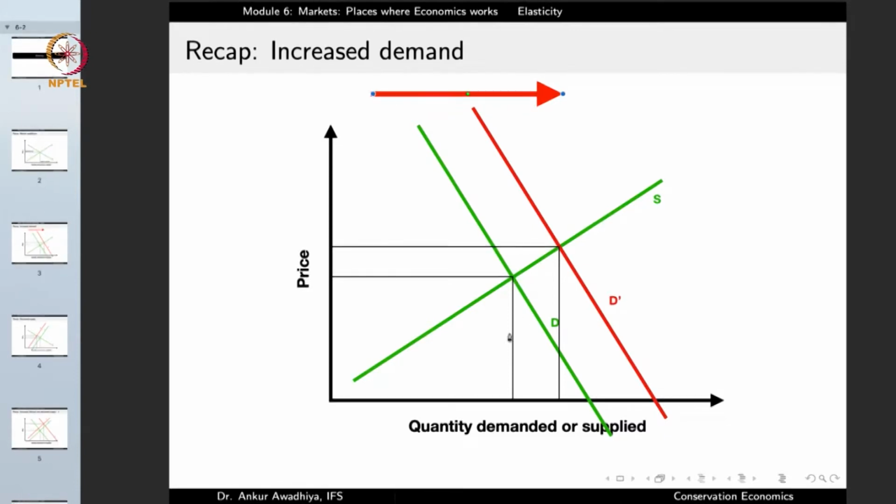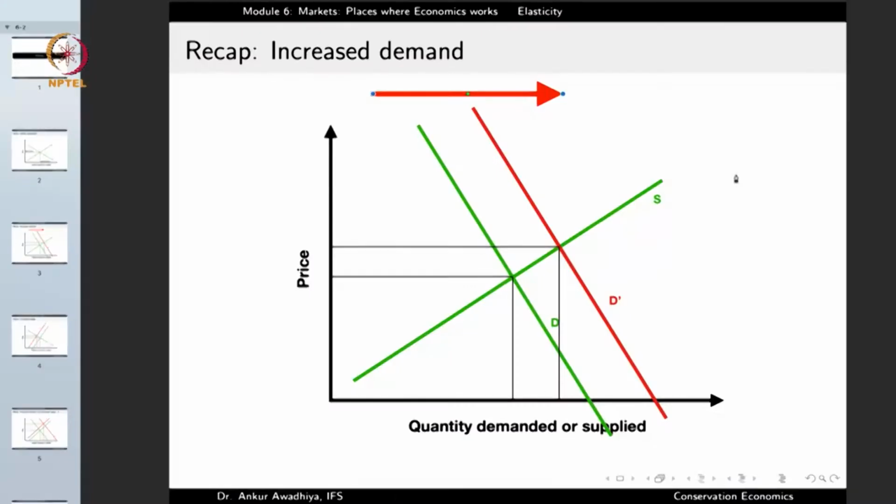Similarly, earlier the quantity that was demanded at the equilibrium was this. Now, with an increase in demand, the quantity that is demanded is this. So there is an increase. So if there is an increased demand, then we have observed that there is an increase in the equilibrium price and an increase in the equilibrium quantity that is demanded or supplied in the market. So this is an increase in demand.